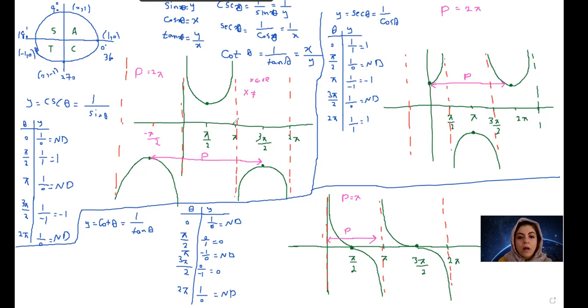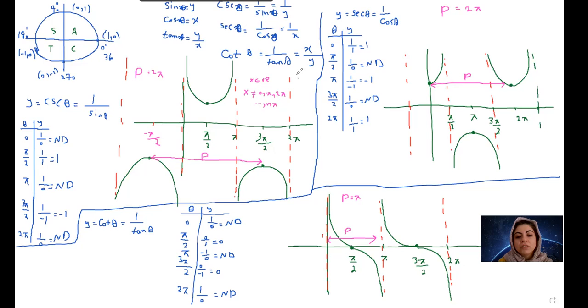Here, 0, pi, 2 pi. You can say dot, dot, dot, n pi, where n is 1, 2, 3, 4, 5, 6. So this is your domain.